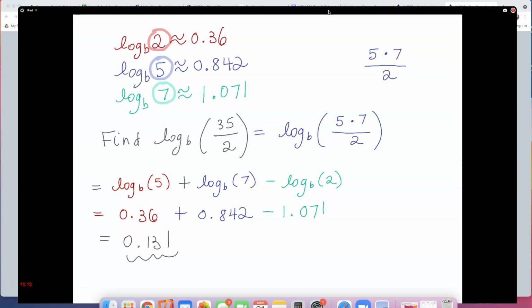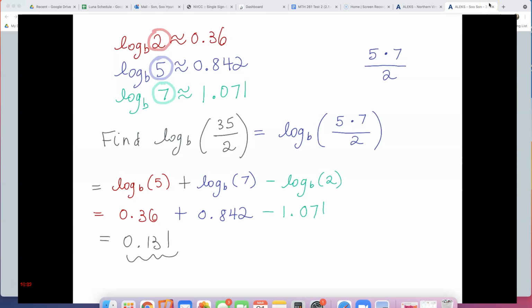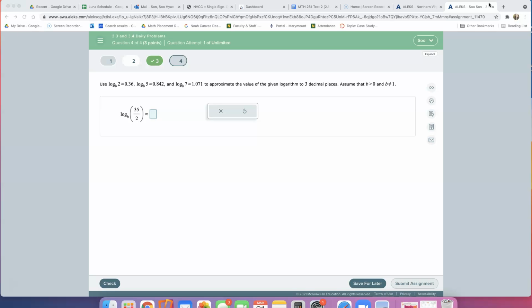So to be able to break these numbers down into the pieces that you have, that's the first step, really. And then use either the product property or the quotient property to rewrite it into 3 separate logs, and then just combine those decimals. Okay, so let me go ahead and type that in and stop sharing this iPad screen.